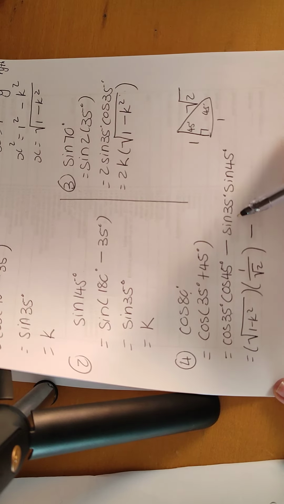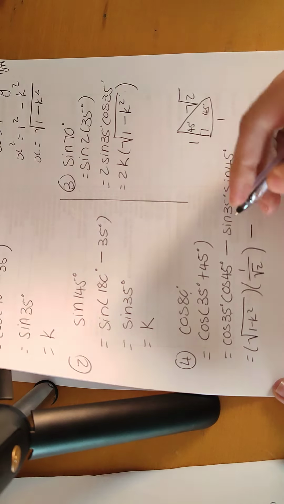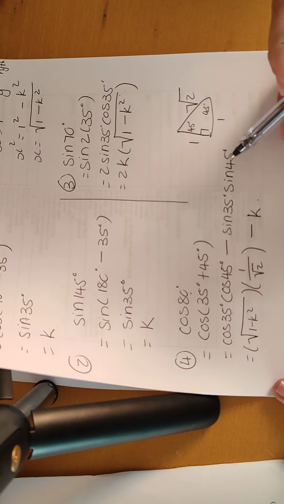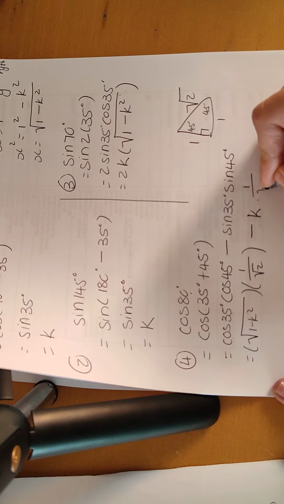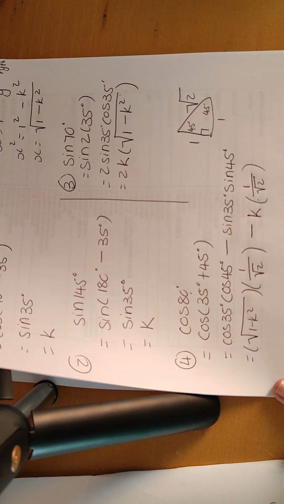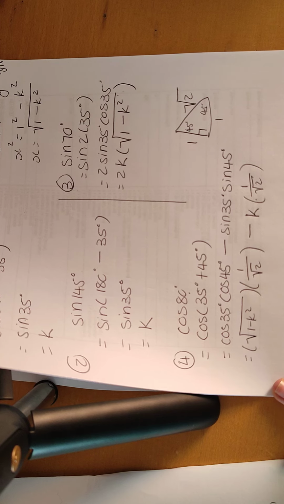Minus sine 35 degrees is given to us, so that's k, times sine 45 degrees, which is also 1 over square root of 2.